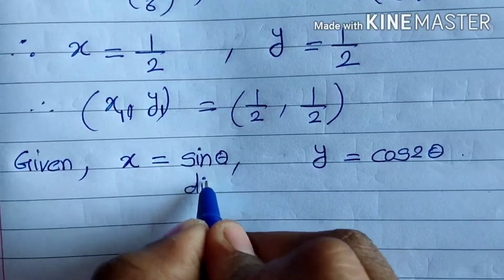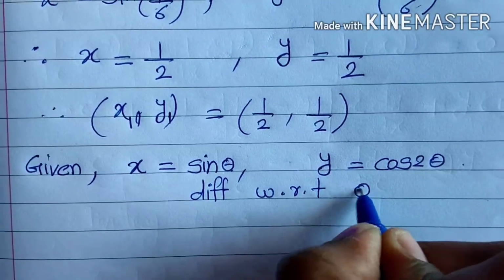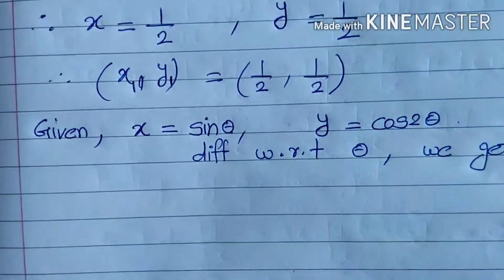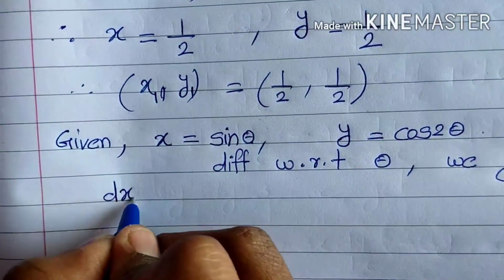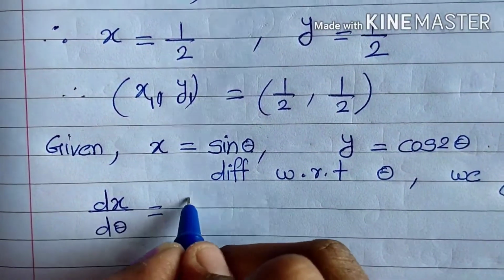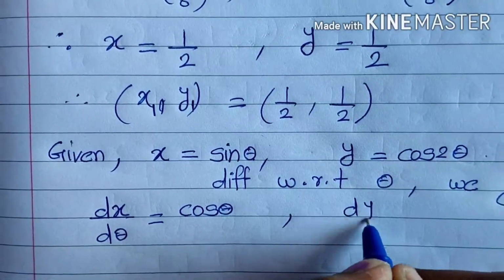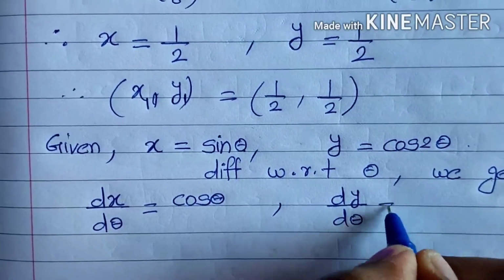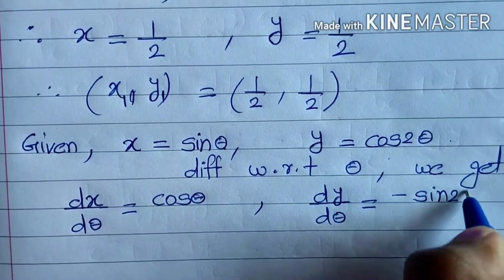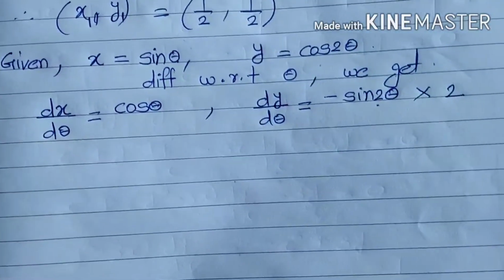So differentiating with respect to theta, we get dx upon d theta, and the differentiation of sin theta is cos theta. Here also dy upon d theta: differentiation of cos is minus sin 2 theta and this is a multiplier, so into 2.